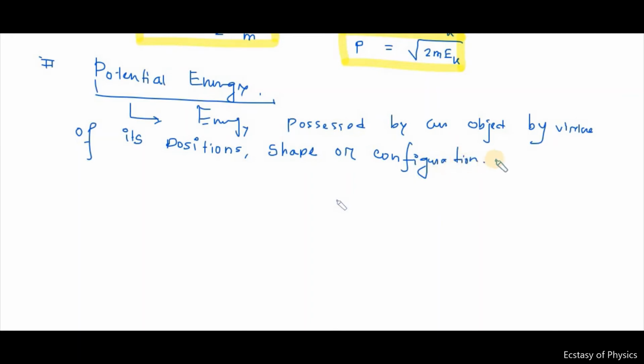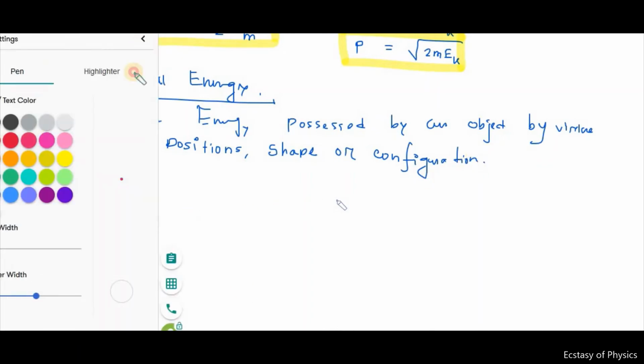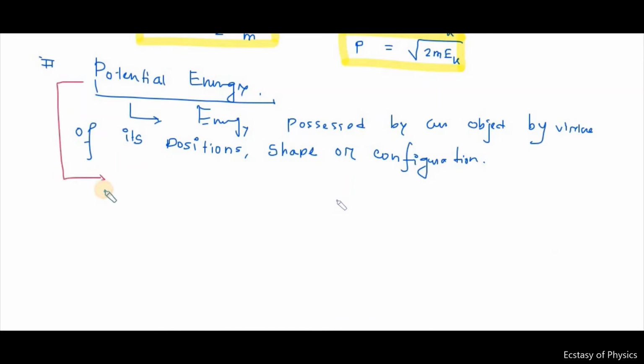So that's representing the potential energy. Earlier we defined the classifications of potential energy. So under the potential energy, first we are going to talk about the gravitational potential energy.